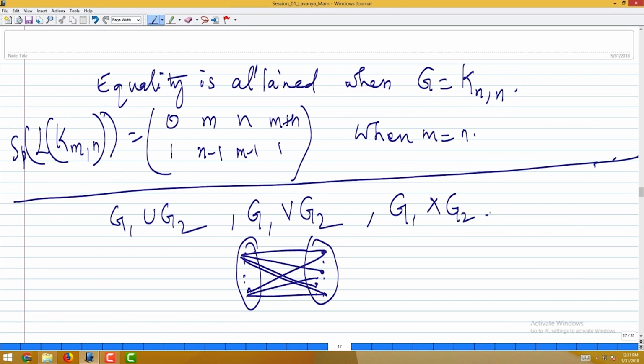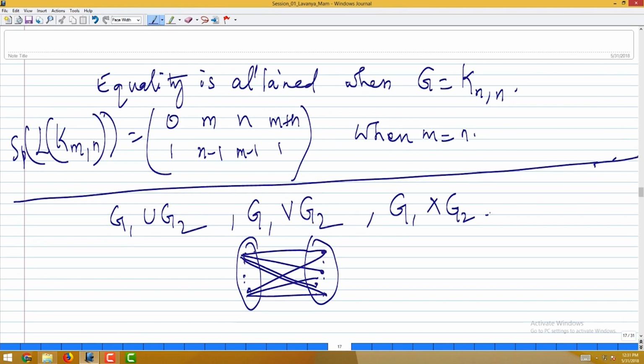So, what will happen to my Laplacian if I know it for the basic graphs? I know Laplacian of G1, Laplacian of G2, or if you are given a graph that can be written as a join of two graphs or Cartesian product of two graphs, then can I reduce my problem to computing the Laplacian of the smaller graphs instead of the whole graph?